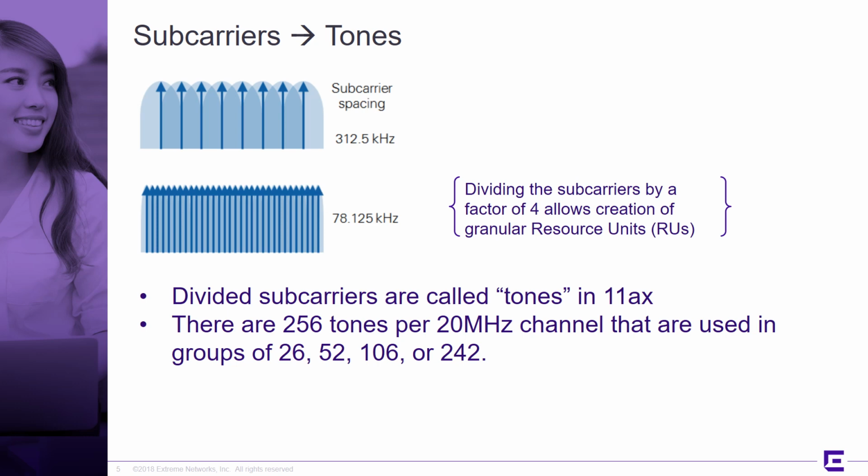This division by 4 of the width of the tones from the subcarriers is going to allow us to create granular resource units, as we'll see on the next slide, in groups of 26, 52, 106, or 242 tones per group or resource unit.